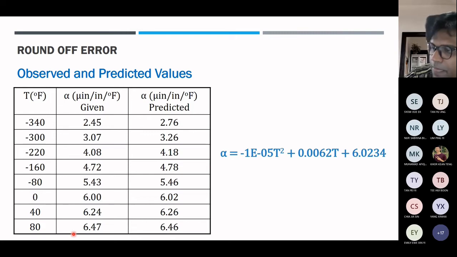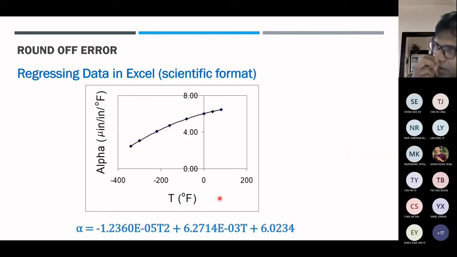Now, in the regression data, if you give it in scientific format, we consider the number of significant digits, so we add the significant digits in each term, like t square.